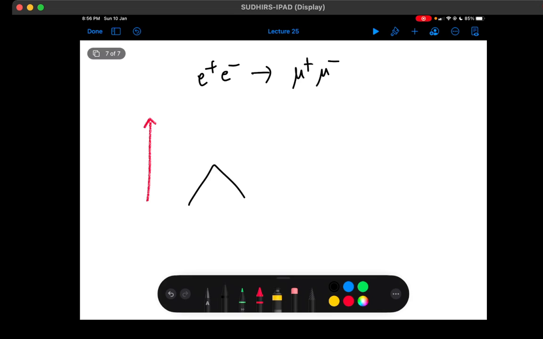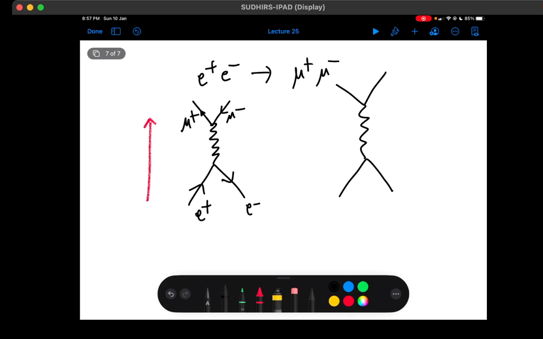Now instead of taking mu plus mu minus in the final state, if I take say quarks in the final state, that is also quite possible because quarks also can be produced here. So for definiteness, let's take one particular quark, say a B quark.